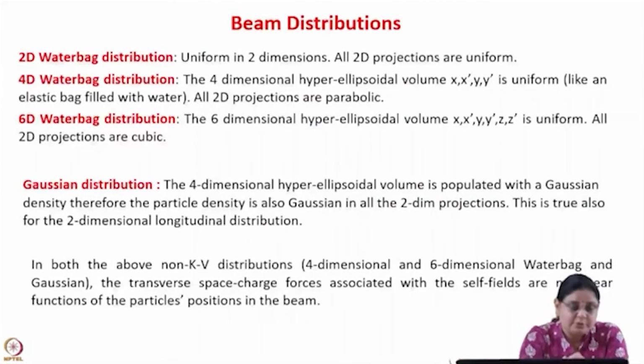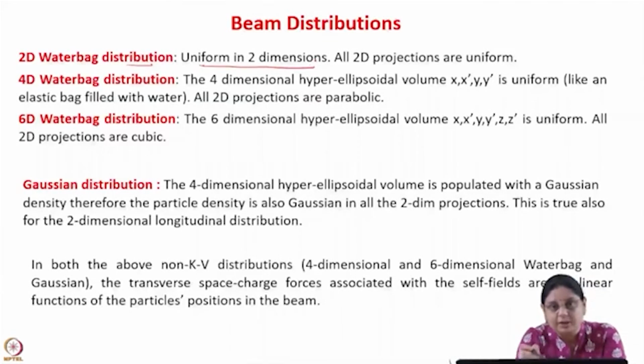Other types of distribution are the water bag distribution. You could have a 2D water bag, a 4D water bag, or a 6D water bag. A 2D water bag distribution is uniform in two dimensions. So you take any two dimension, x prime, y prime, xy, and the two dimension projections are uniform.